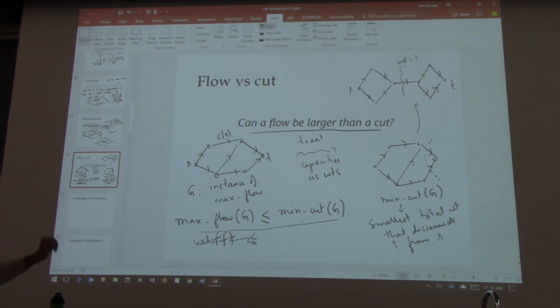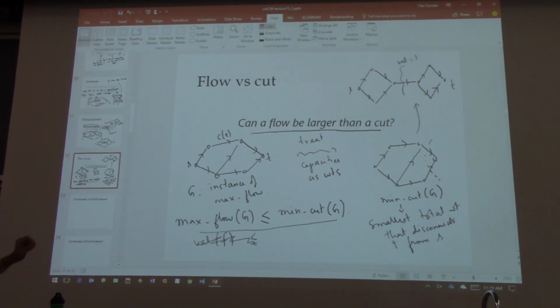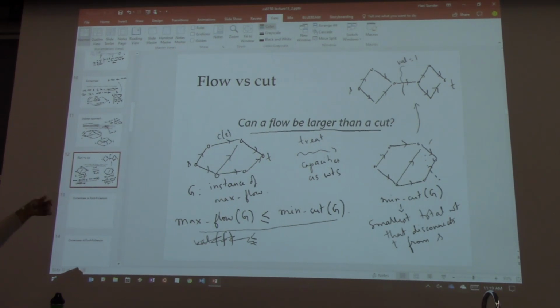Now I want to, this is how I want to show the correctness of Ford-Fulkerson. Okay? So what I'm going to show is that the final flow we end up with in Ford-Fulkerson actually has a cut of value equal to the value of that flow.